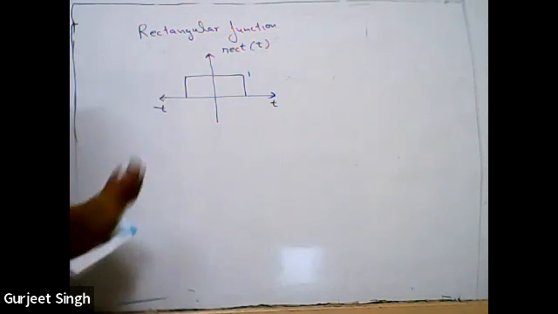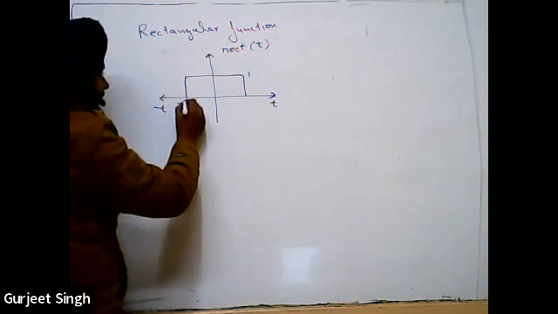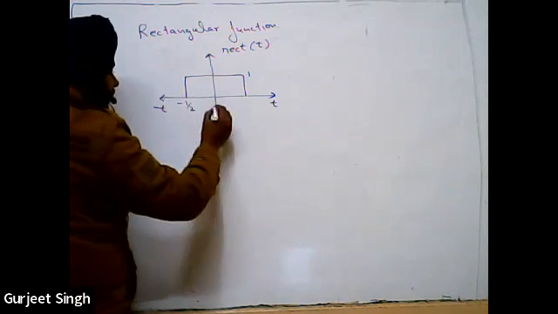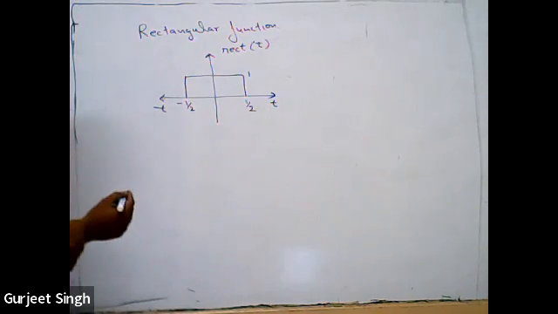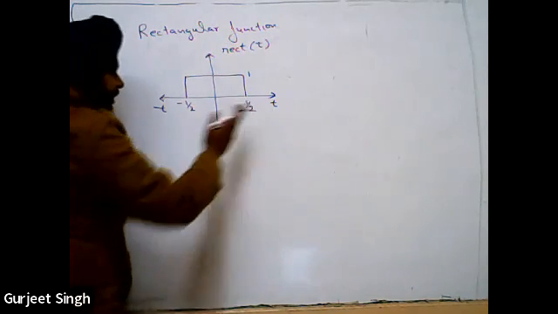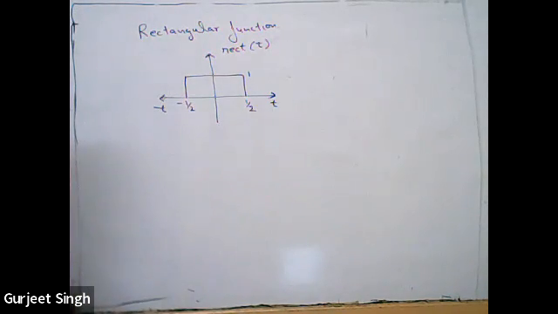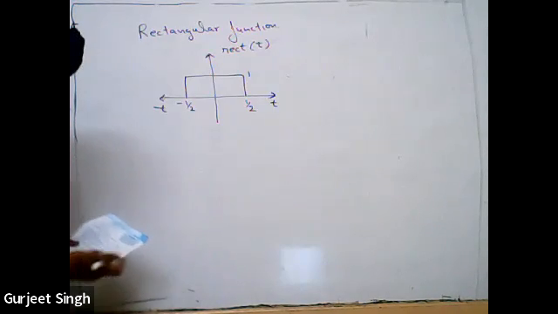Here we are taking the x-axis, representing the timeline. It is -1/2 and 1/2. Between this time range from -1/2 to 1/2, its magnitude is 1. And how to represent this equation mathematically?